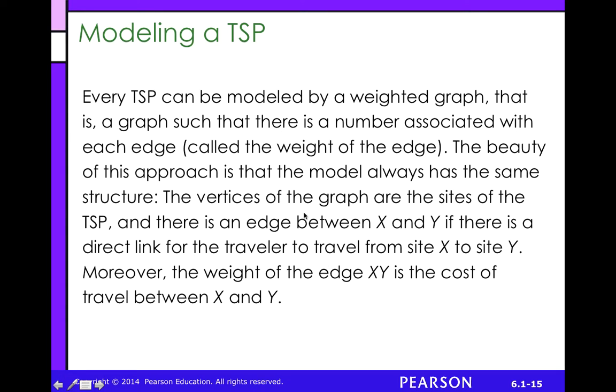The vertices of the graph are the sites, the delivery sites, or the stop sites for the school bus, whatever. There is an edge between X and Y if there's a direct link for the traveler to travel from site X to site Y, and moreover, the weight of the edge is simply the cost. So if cost is monetary cost, then it's a literal cost, or you might write down time or distance or whatever.